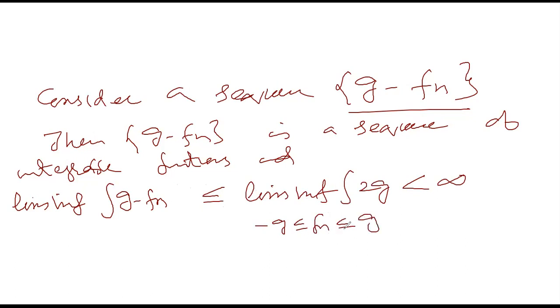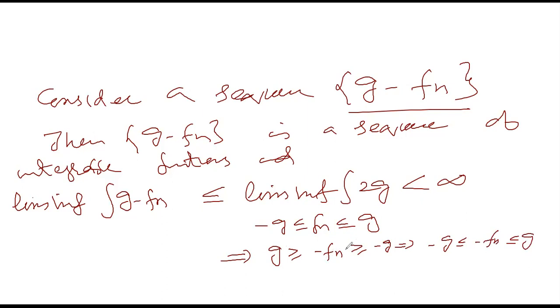Now you want to find g minus fn actually. Let's apply minus throughout. So this will become plus g. It's greater or equal to minus fn, which is greater or equal to minus g. So that means minus g less or equal to minus fn and less or equal to g.